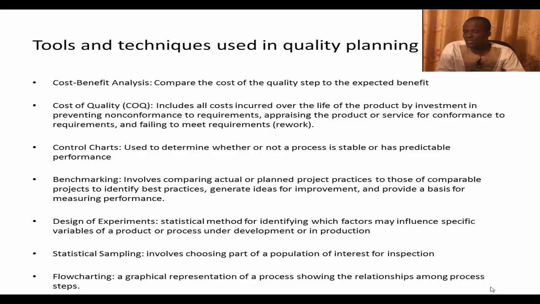So in quality planning, one of the things we're looking at is how much it would cost to carry out these activities, and when you do, how much benefit will you accrue as an organization, and also for the clients or the customers, or whichever stakeholders they are.